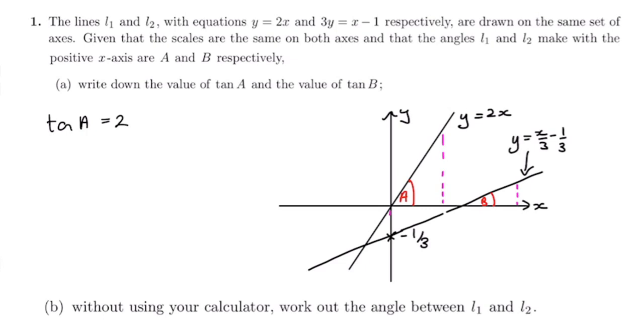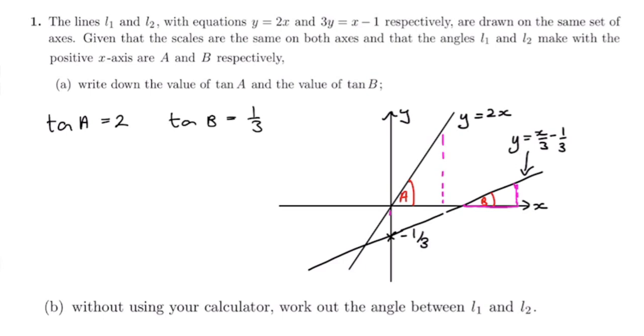Likewise for tan B, opposite over adjacent. Again, I'll just mark that on if you can see. Opposite here, adjacent here, and therefore that corresponds to the gradient of the second line. Therefore, tan B must equal a third.